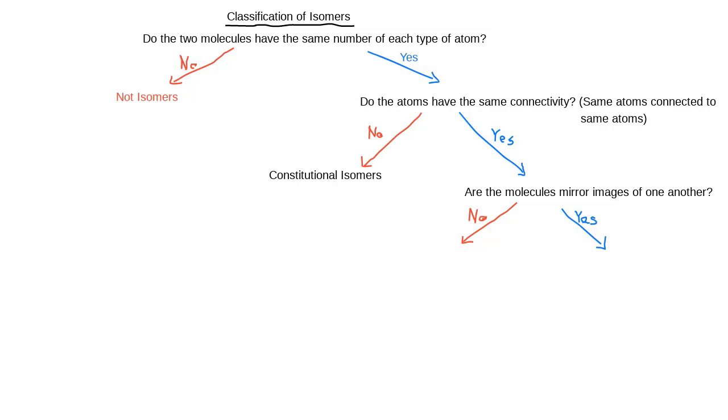No. So if the molecules are mirror images of one another, then the next question you have to ask is, are they superimposable? And if the answer is yes, they are superimposable, then they're meso compounds.